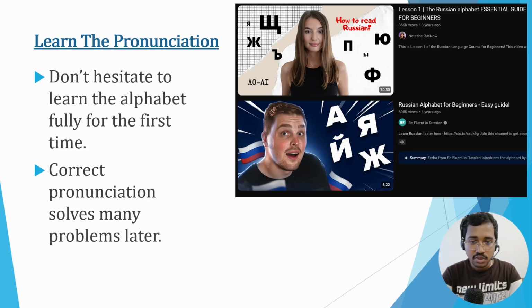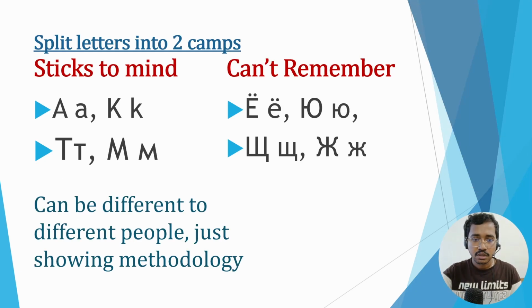So let's jump here. While listening to the video, you should split those letters into two camps. The first camp: the letters that immediately stick to your mind, the pronunciation of the letters which comes to you naturally, or is easy for you to remember. Whenever you read those letters in words, you can identify them.